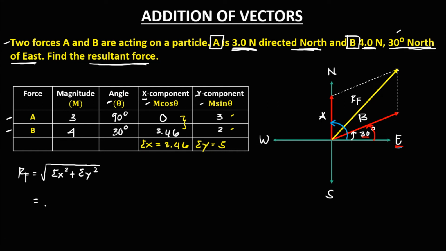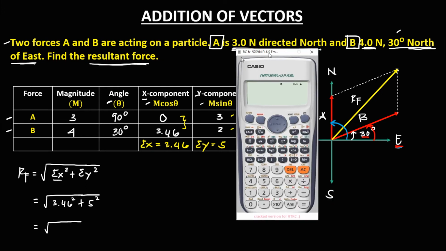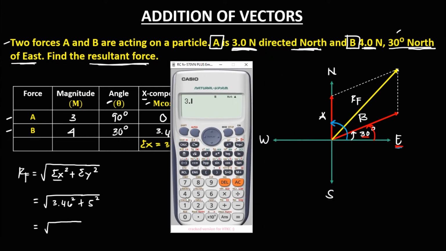Then substitute now the values. For the x component, that's 3.46 squared, plus for y, that's 5 squared. So 3.46 squared plus 5 squared equals 36.97.